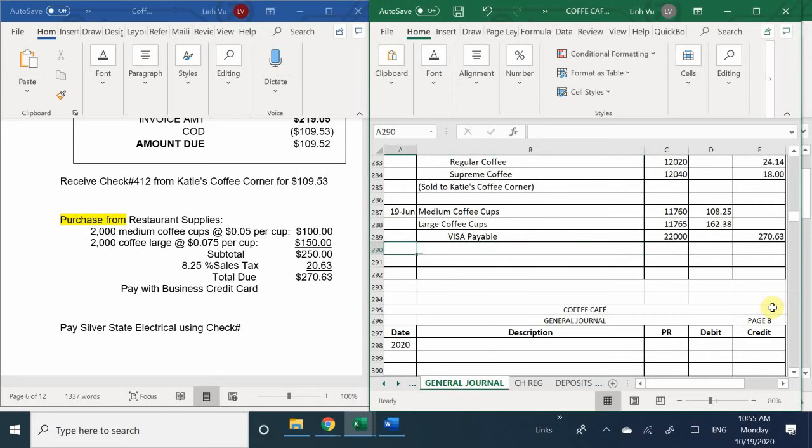Restaurant supplies, 4,000 cups. A total of 4,000 cups. Okay. Good.